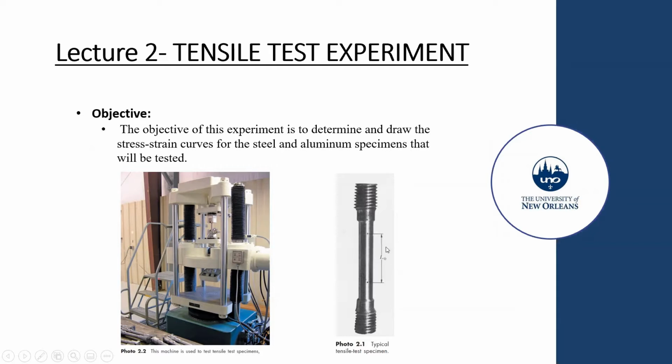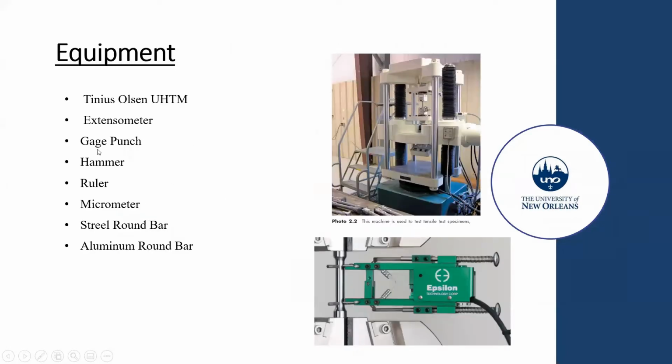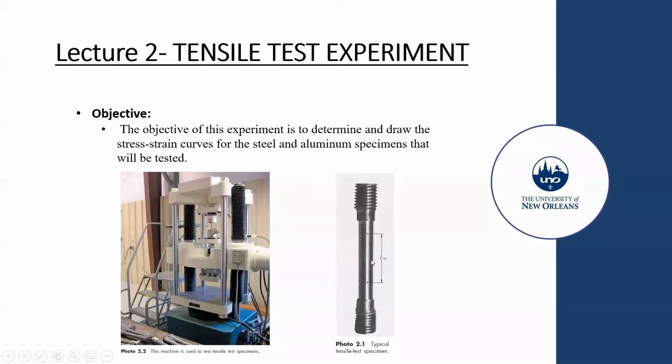In our case, a typical tensile test specimen has a 2-inch gauge length. So the gauge punch is used to punch these two holes. Then you use a hammer to punch the holes, and a ruler to measure the length. And a micrometer is used to measure the diameter of your specimen. So you have to measure the diameter as well.